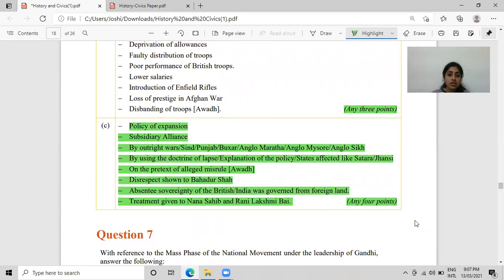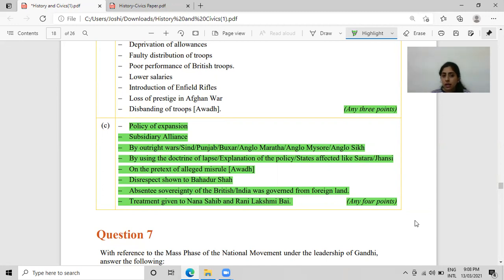Number 2, subsidiary alliance. Number 3, by outright wars, that is the war of Sindh, Punjab, Buxar, Anglo-Maratha, Anglo-Mysore and Anglo-Sikh wars. Point number 4, by using the doctrine of lapse and explanation of this policy as well as the states affected like Satara and Jhansi.